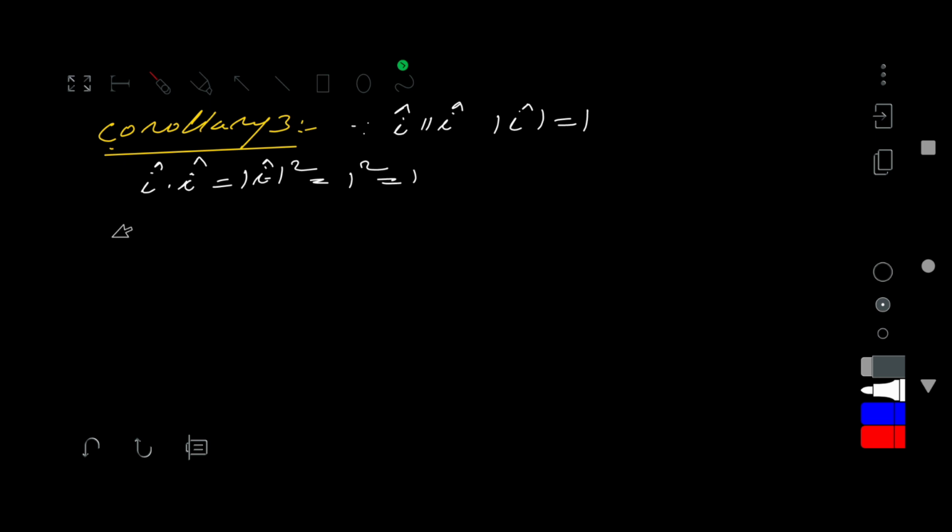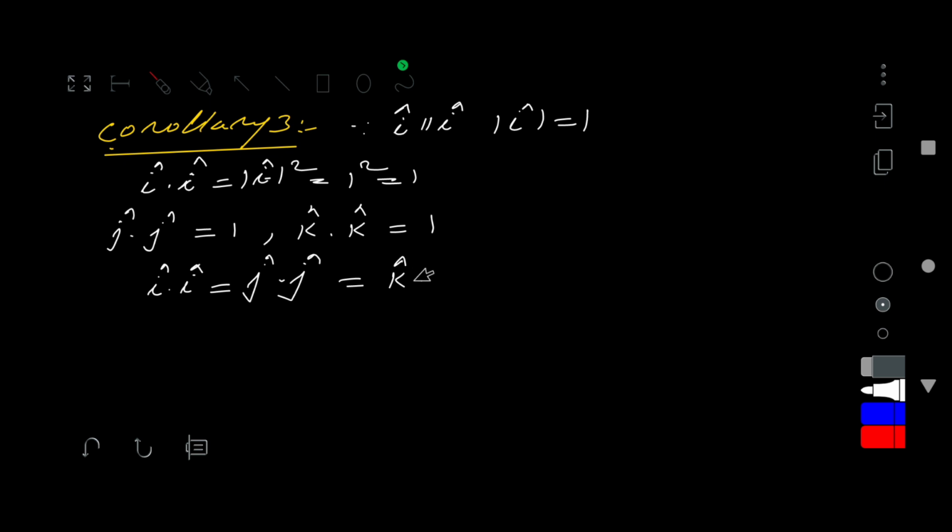Similarly, J cap dot J cap is equal to 1 and K cap dot K cap is also equal to 1. So we may summarize this result as I cap dot I cap, J cap dot J cap, K cap dot K cap is equal to 1.